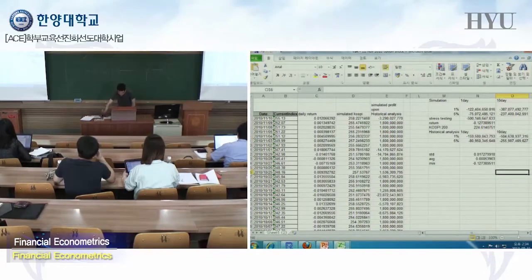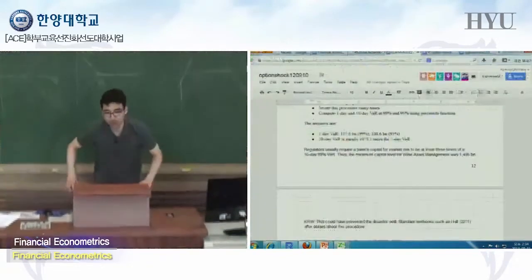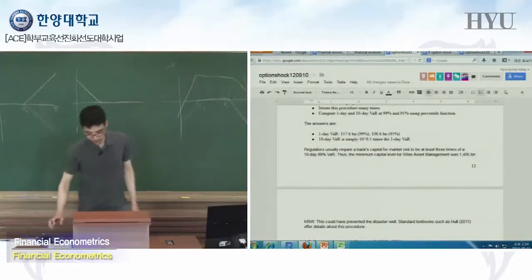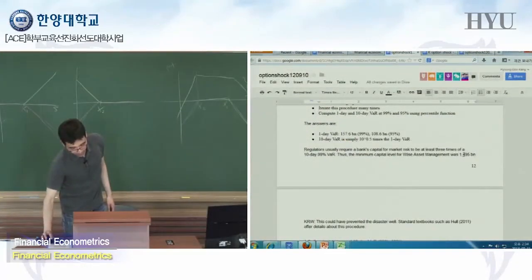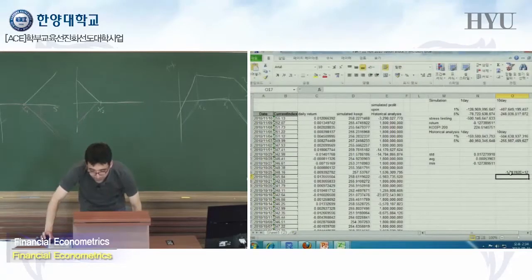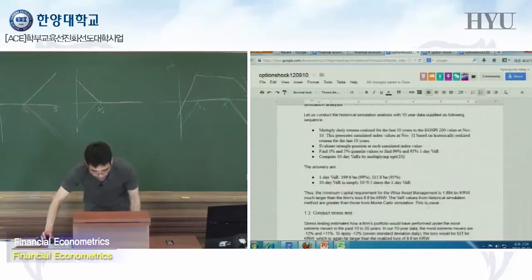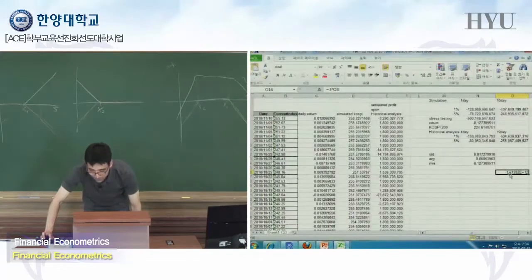So what regulators require is that we should have at least 3 times this value. This is slightly different, but anyway, 1.8.